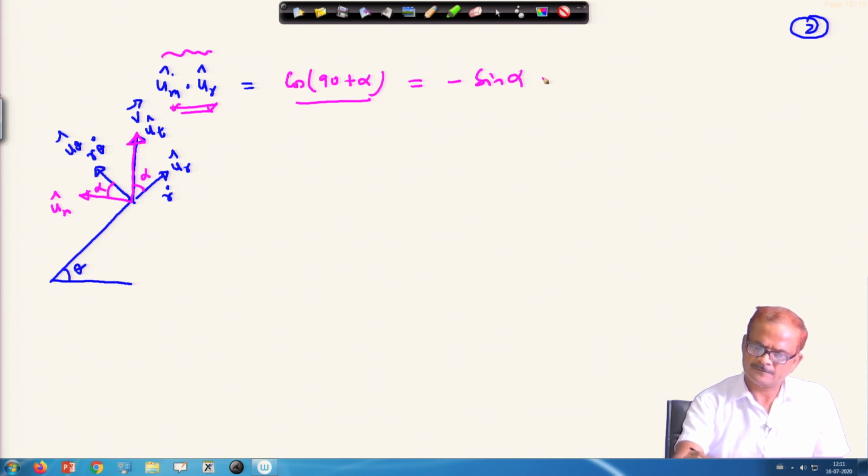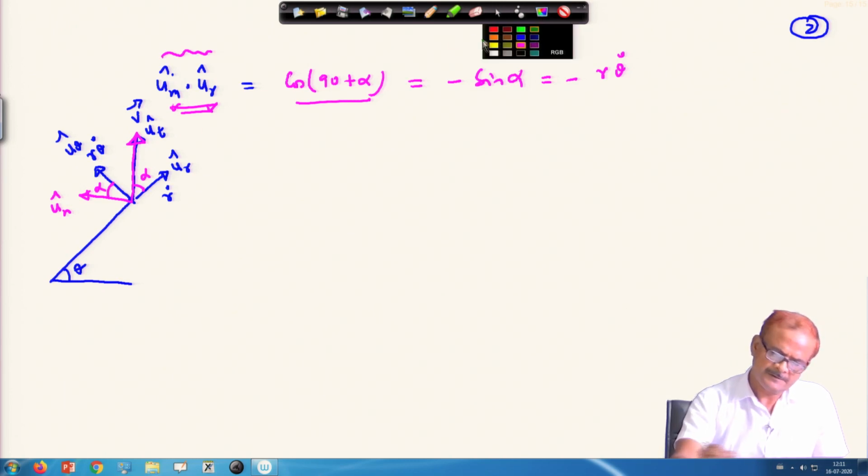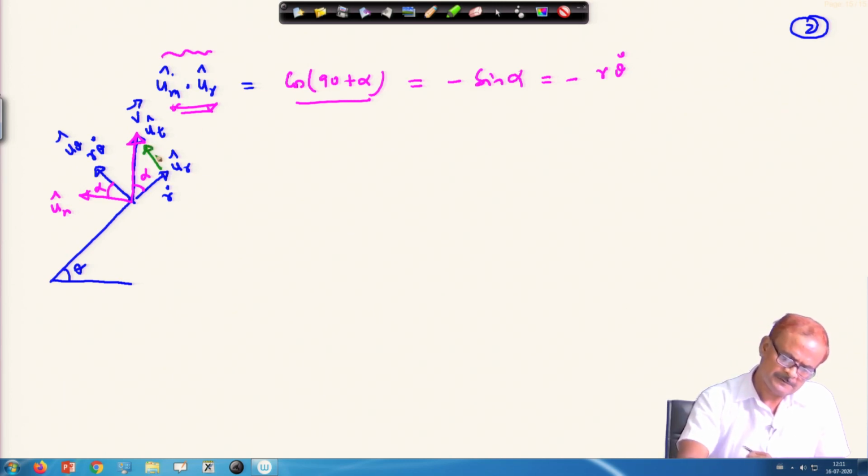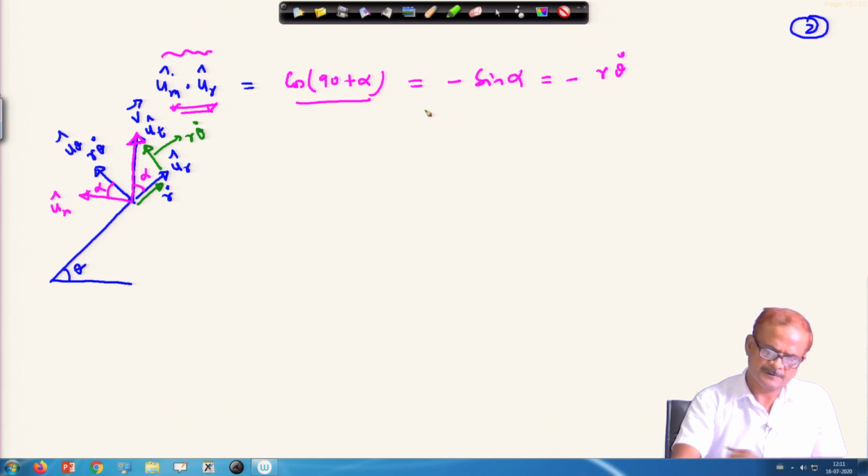And sin alpha is related to r times theta dot, the quantity which is here, and r dot is along this direction. So, sin alpha becomes r times theta dot divided by V.